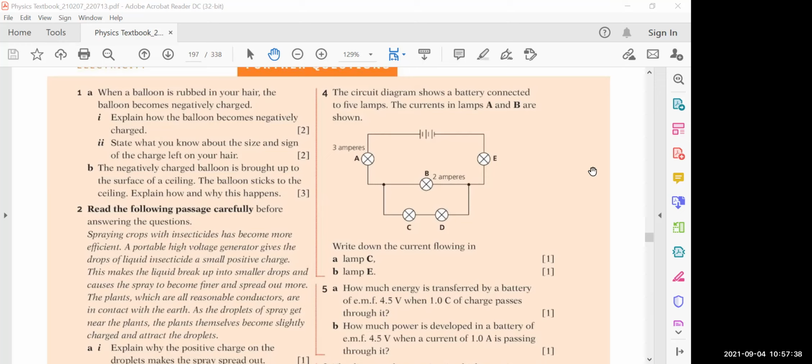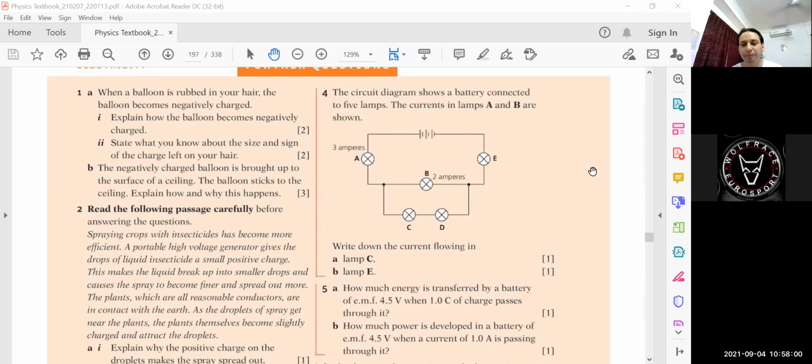So which question? 4A. If you do not reply, children, it may impact your internal assessment. You remember this. Okay, anyone who knows, please tell me.